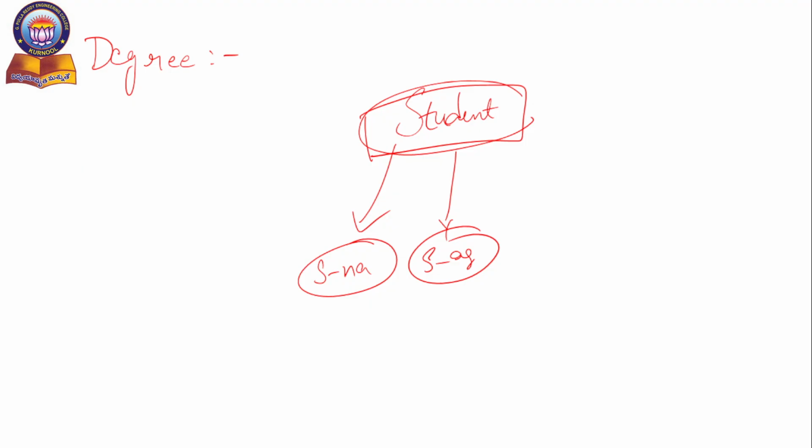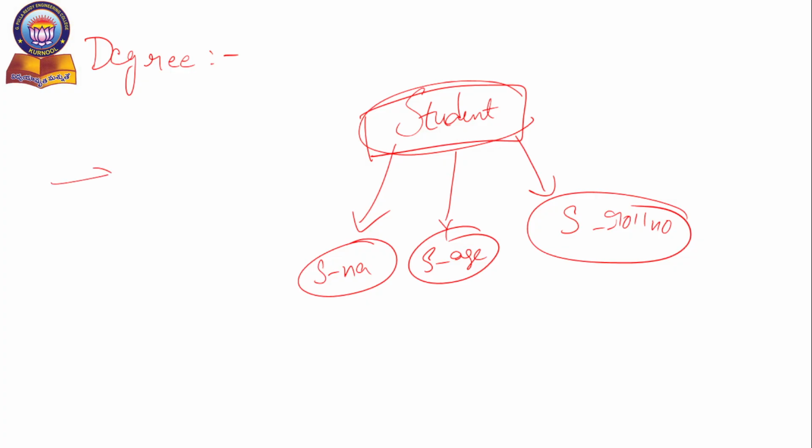Sixth terminology is degree. Degree is the number of attributes of a relation. For example, consider a student. Student is an entity. Student name is one of the attributes, student age is one of the attributes, and student roll number is one of the attributes. For this student entity, what is the degree?